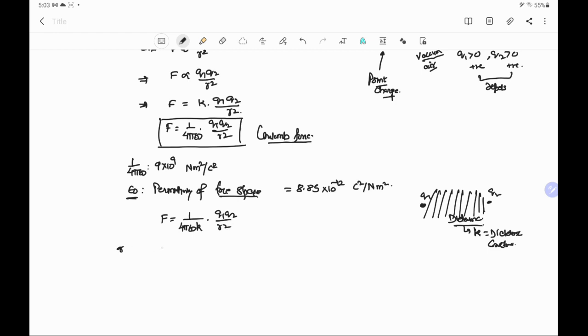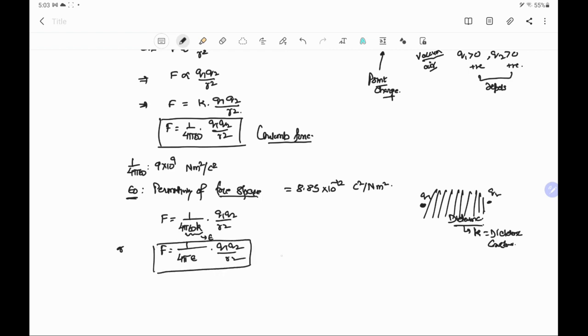Or it can also be written as F equal to 1 by 4 pi epsilon, where epsilon naught and K combined are written simply as epsilon, into Q1 Q2 by R square.